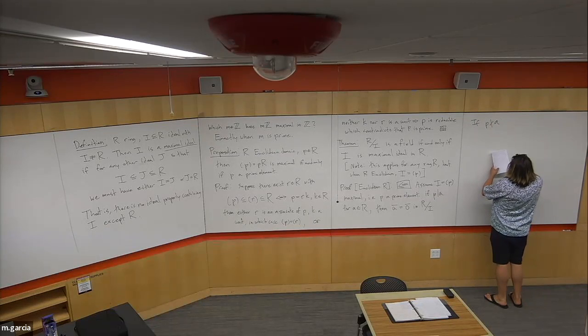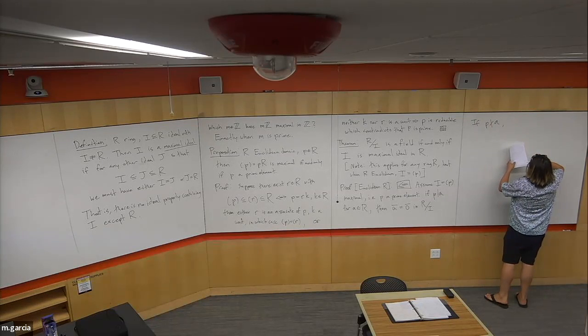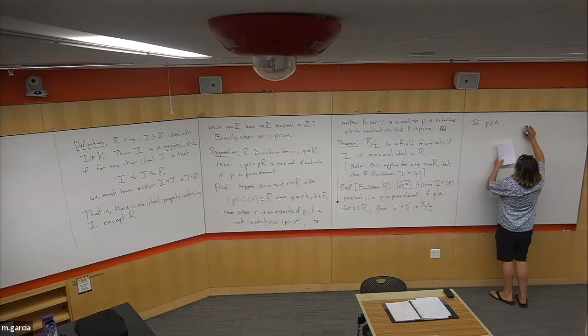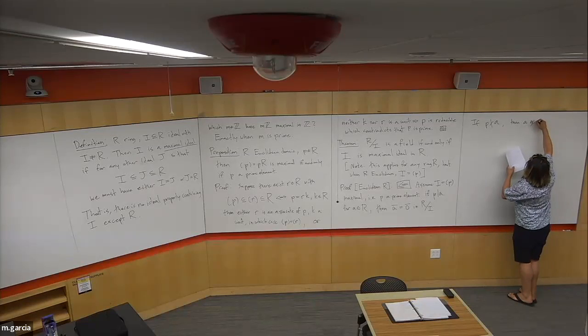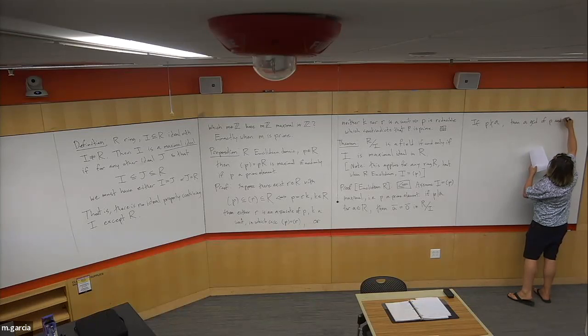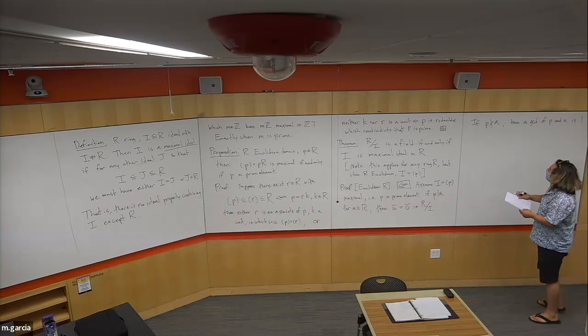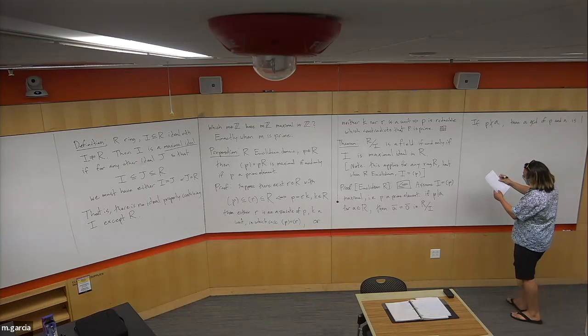Well, then what we have is that a GCD of P and A is 1, right? That's relative primality, same as for the integers, except we say it's just a GCD.